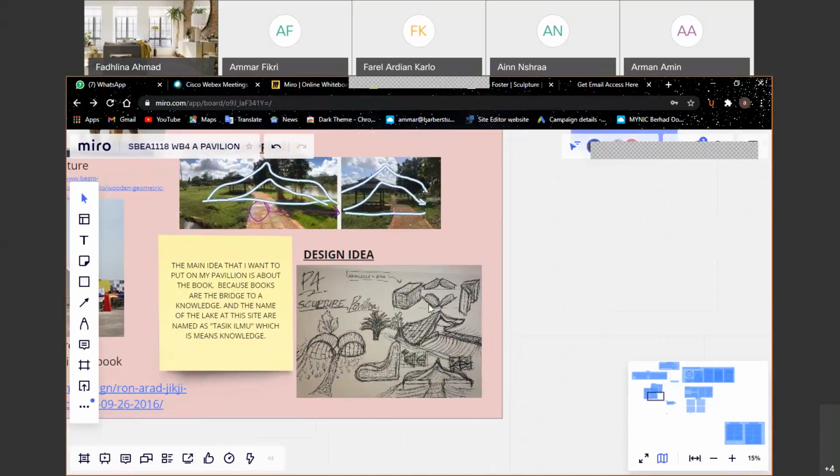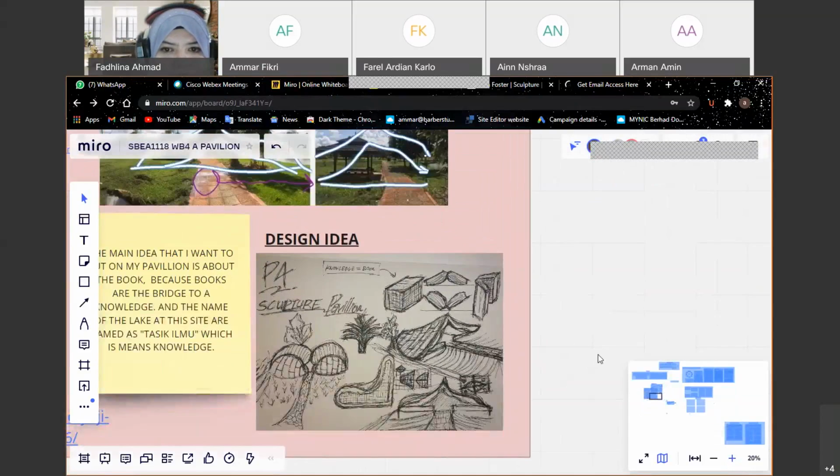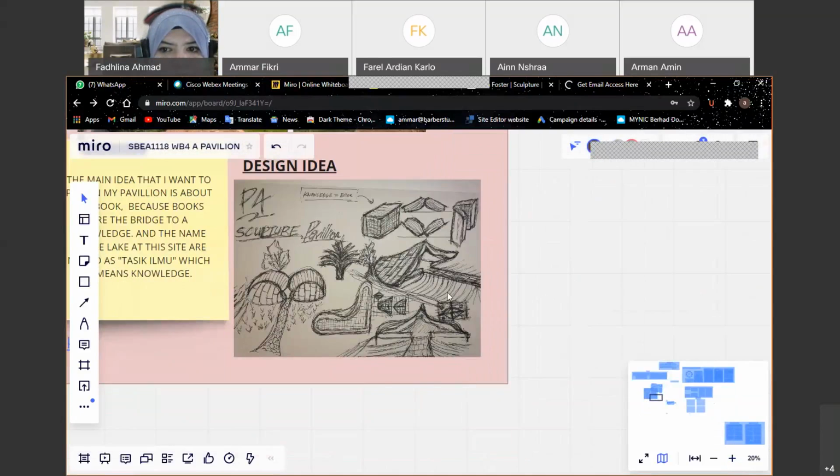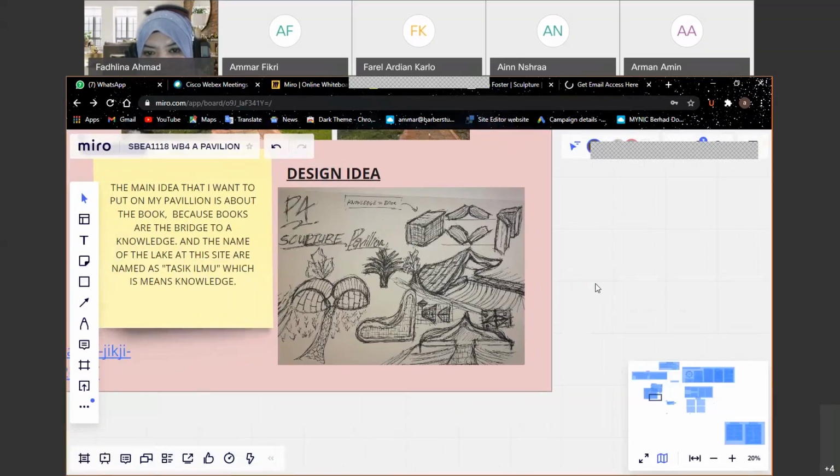I studied a little bit about the position of the book, and I want to turn it into my pavilion design, which is the flat book like this. And I make a bridge, because books are the bridge to knowledge, like that.